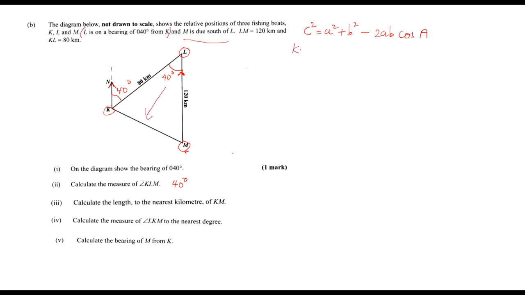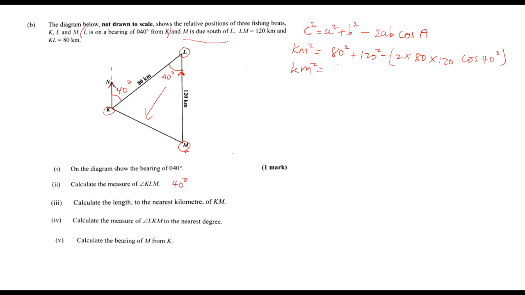So KM squared is equal to a squared, which is 80 squared, plus 120 squared minus 2 multiplied by 80 by 120 cos 40.